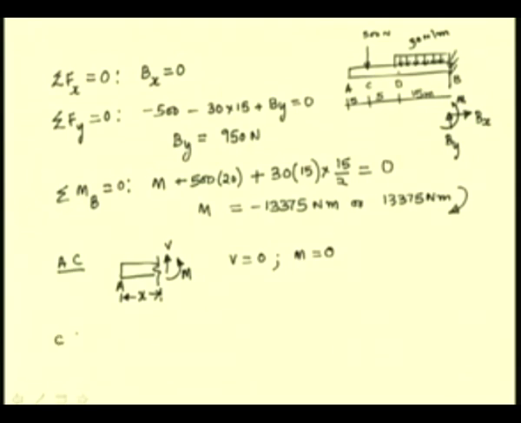Let us consider now the portion CD and draw the free body diagram. Here we have a 500 Newton force acting at C and no other force is there, and the shear force and bending moment in the positive sense.